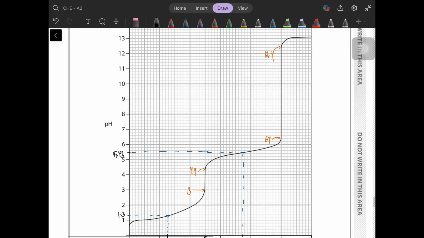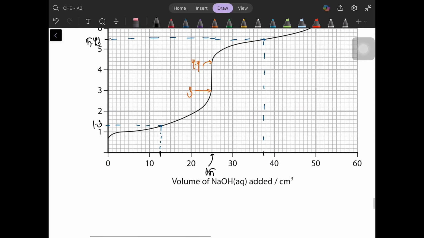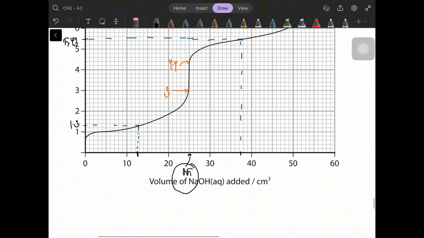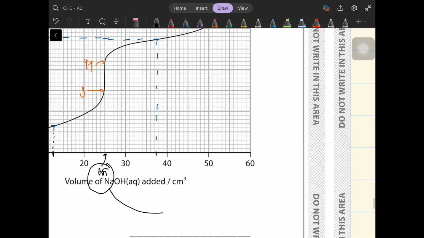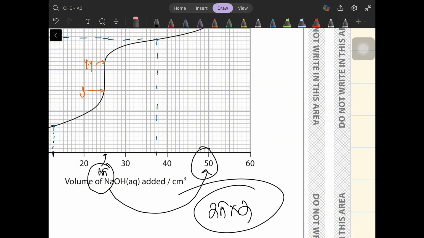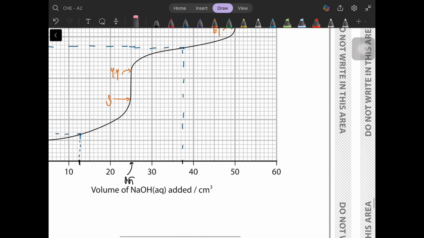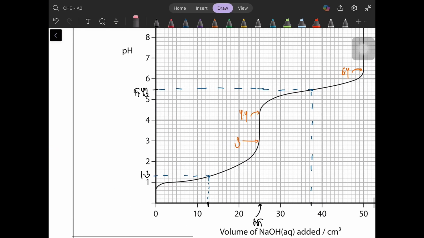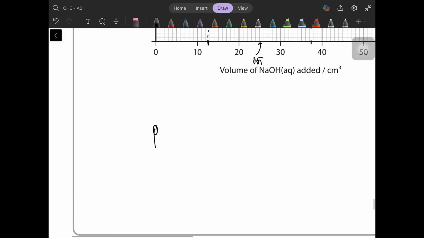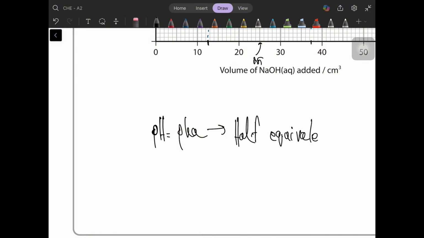So as the concentrations are the same, the first volume is going to be 25 for the equivalence point, and if the first volume is going to be 25, then the second volume for the equivalence point is going to be 50, right? So as it is double the first one, and it is a weak diprotic acid, the pH is going to be equal to pKa at half the equivalence point, right?